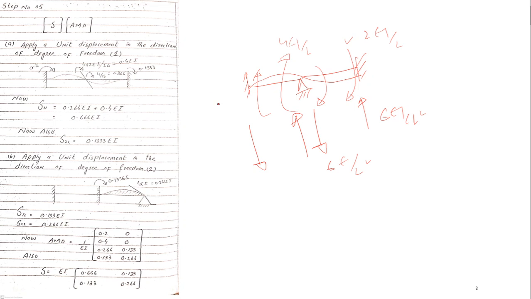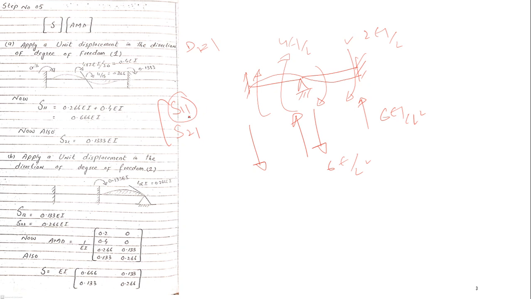Okay, you should know that this is the case when D1 is equal to 1. A displacement D1 has been given, a magnitude of unit rotation has been given at D1. So in this case you will attain S11 and S21.